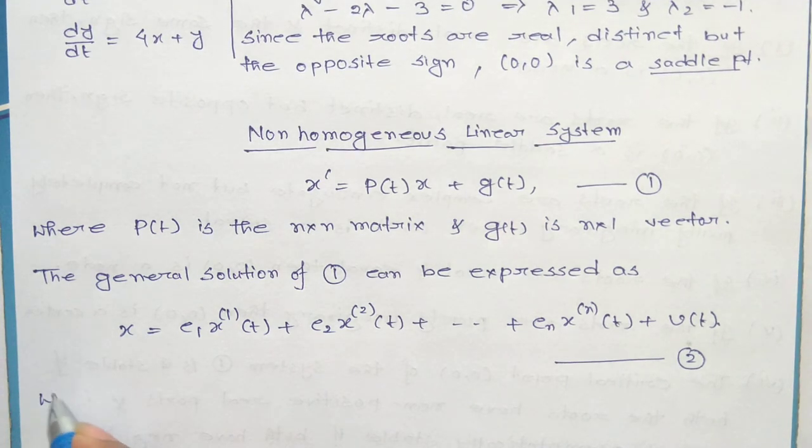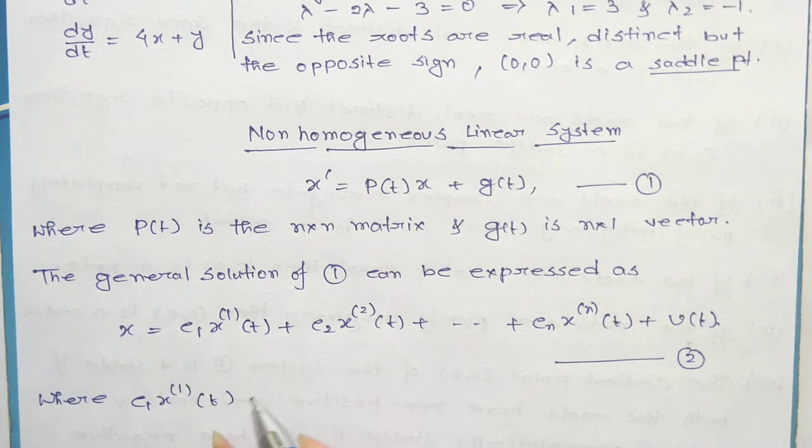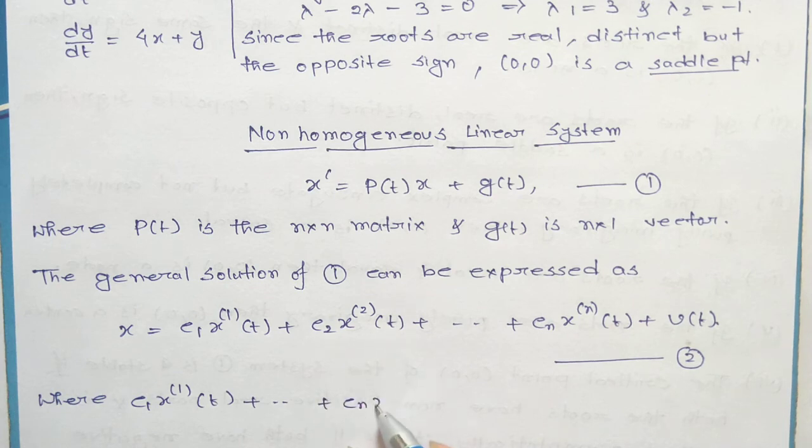Where c1 x1(t) plus up to cn xn(t) is the general solution of the homogeneous system.